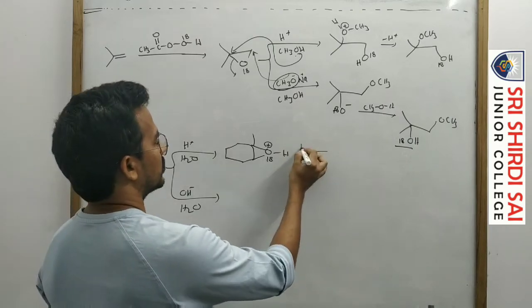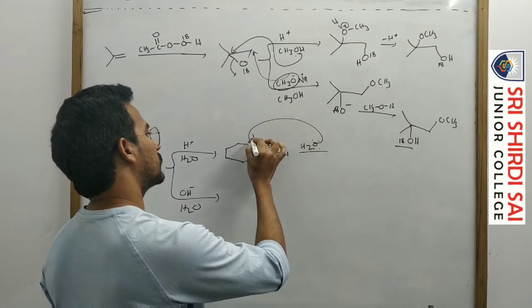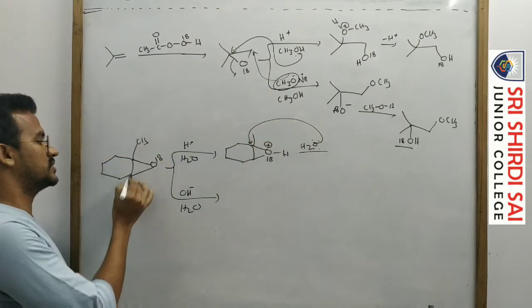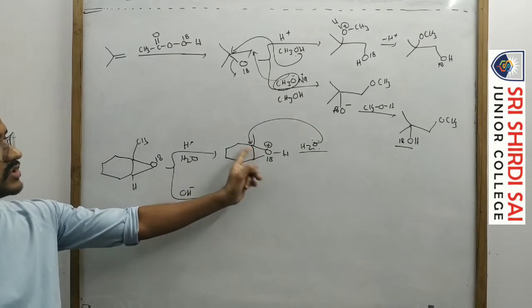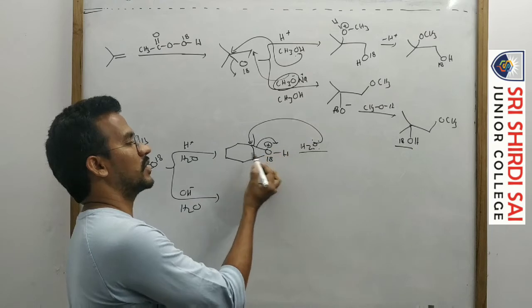Next, the H2O nucleophile attacks on the more substituted carbon. This is the more substituted carbon because here there is an extra methyl group, and here there is just a hydrogen. So the incoming nucleophile attacks the more substituted carbon because after breaking of this bond we will get the stable carbocation.